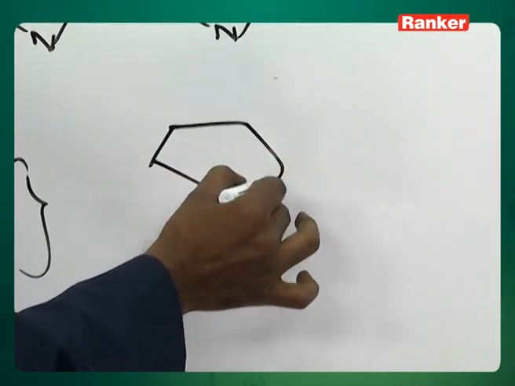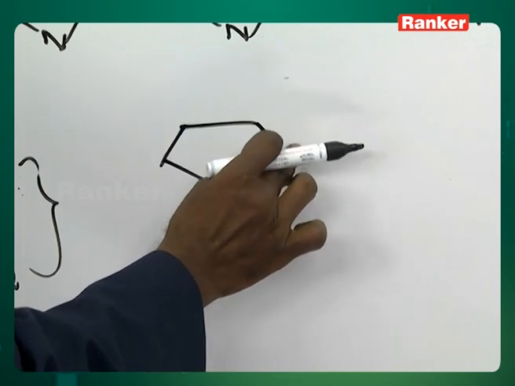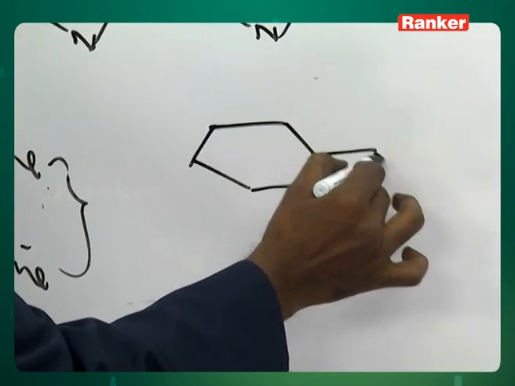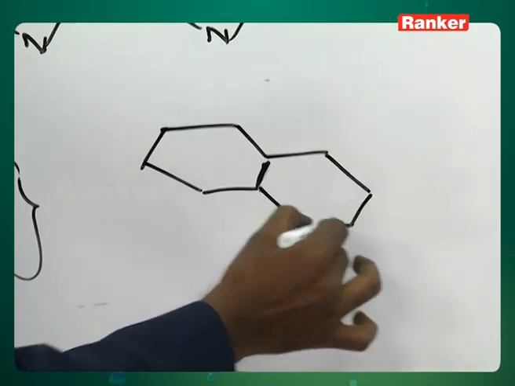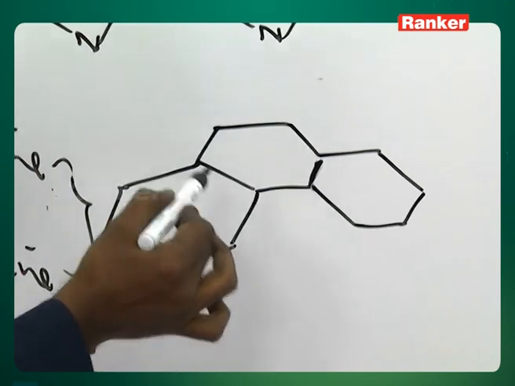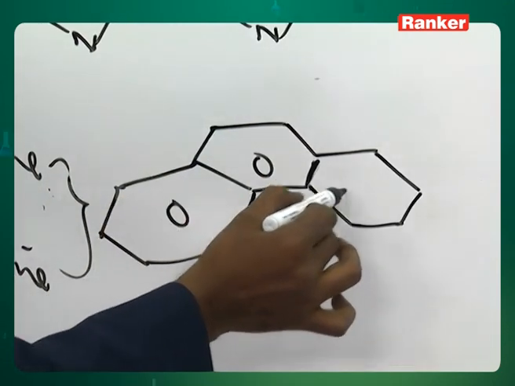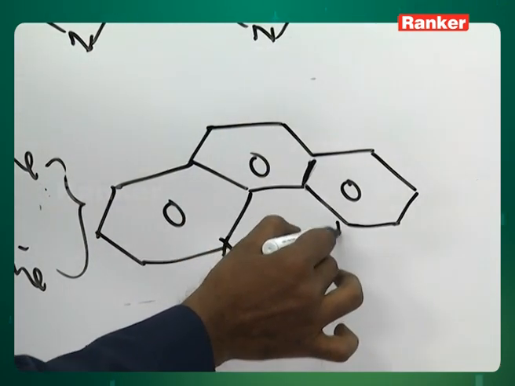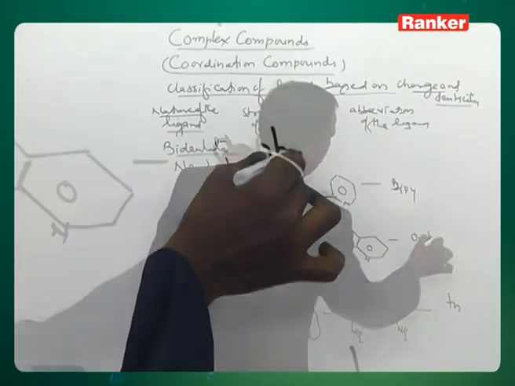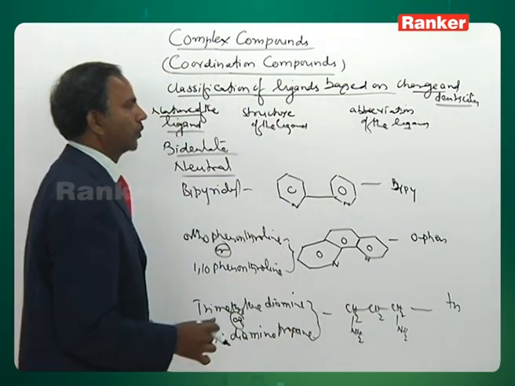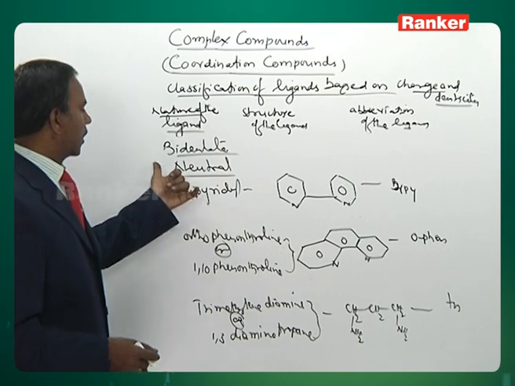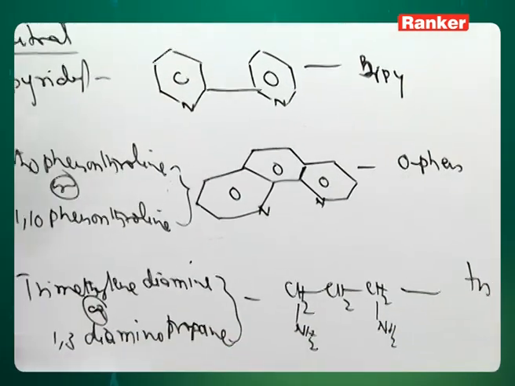See the structure of this particular ligand, orthophenanthroline or 1,10-phenanthroline. It is generally represented as o-phen. These are some of the bidentate neutral ligands.